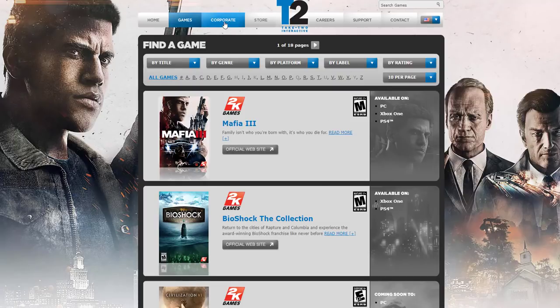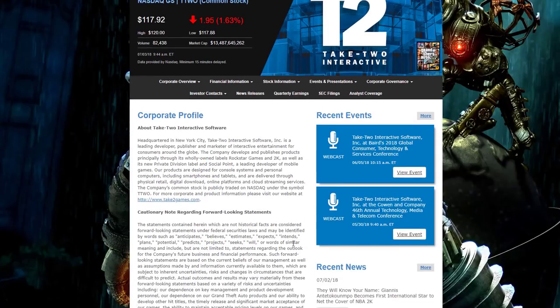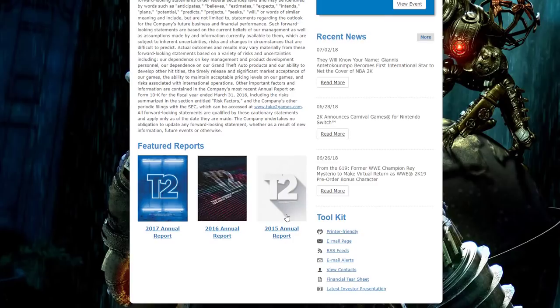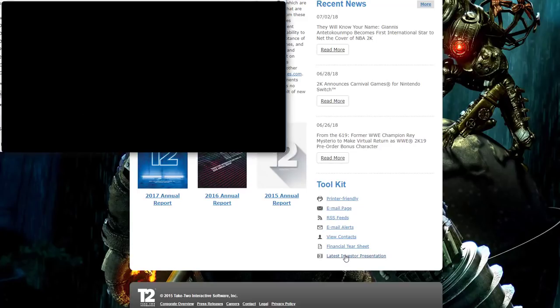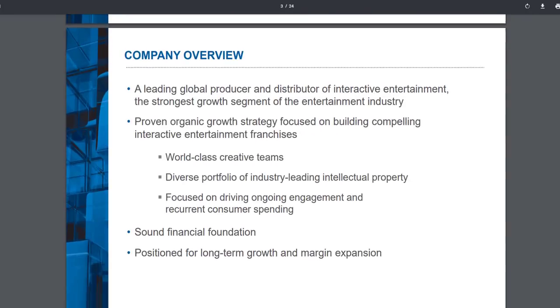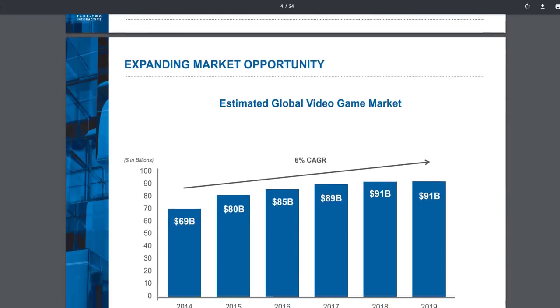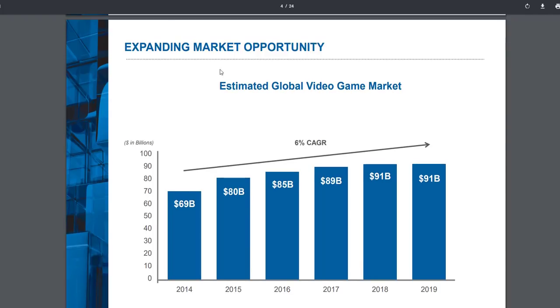But I would also want to go into the corporate section of the website, and look at any presentations the company might have done. I'd want to look at their annual reports, and at their latest investor presentation. One reason I like to do this, and I want to make it clear, is that when you actually look at these presentations, and I'm launching it right now, you can often find the company's guidance in here as well, and what they think the market opportunity is going to be.